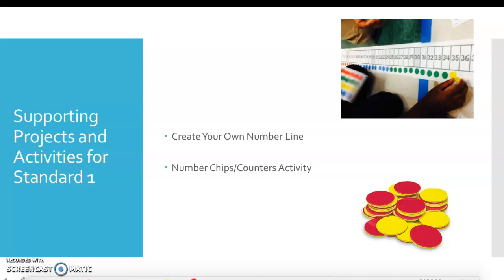Another activity I would use are number chips and counters. So that's when the reds, say, are going to be negatives and the yellow side of the manipulatives are going to be positives, and making sure you put down a certain amount and they cross each other out, and just kind of visually representing what adding and subtraction looks like when using positives and negatives.